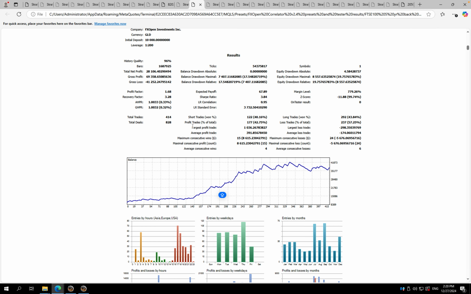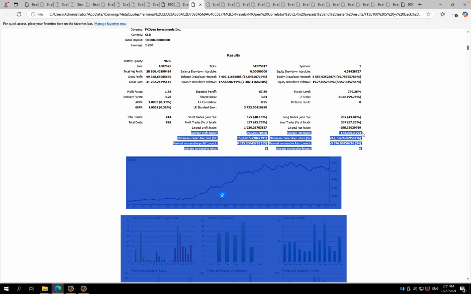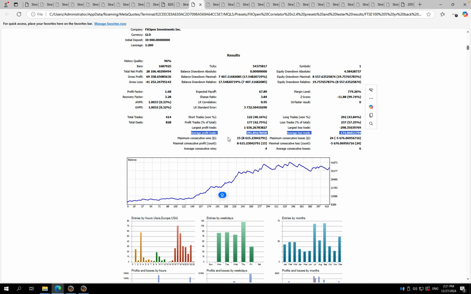That's vanity. However, it is the average profitable trade needs to be higher than the average loss. And in this case, it's 391 versus 174.